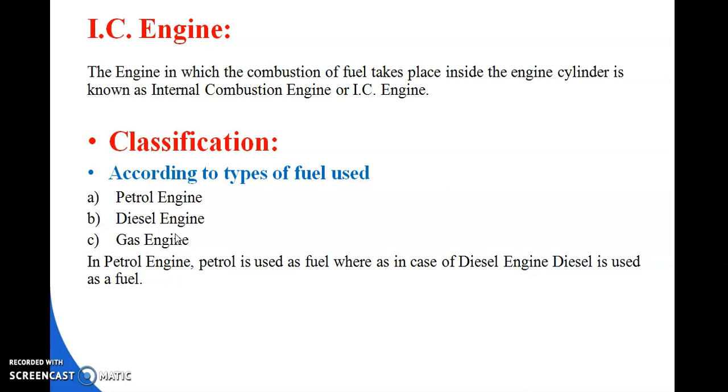Number 1, clutch. Number 2, gearbox. Number 3, driving shaft. Number 4, differential. And number 5 is the wheel. Through these components, the power is transferred from the engine to the wheel so that the wheel will rotate and the vehicle will start moving.